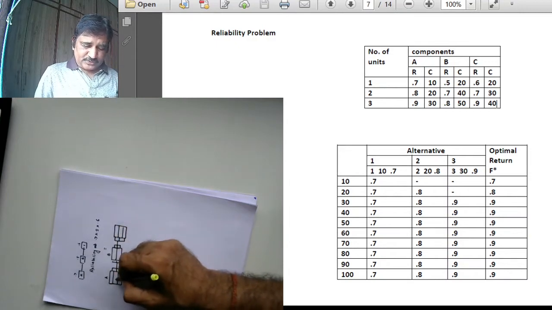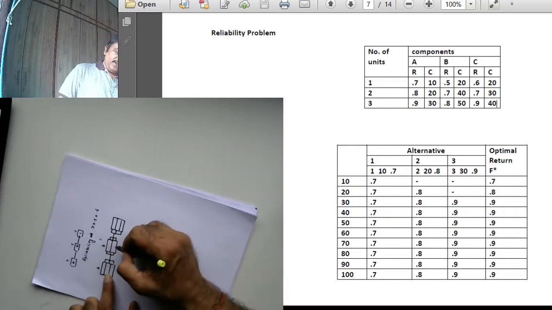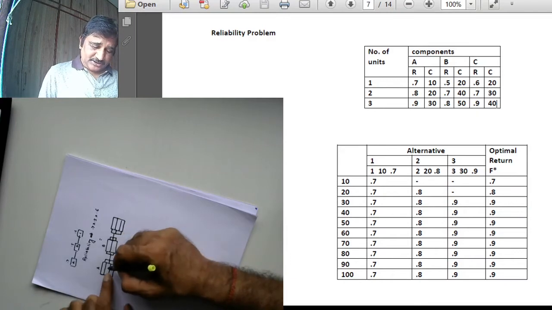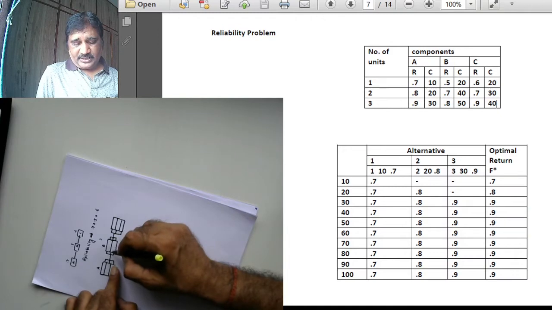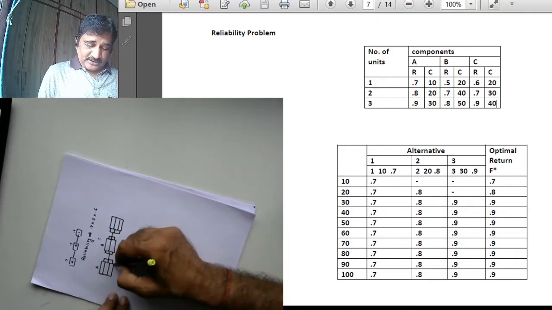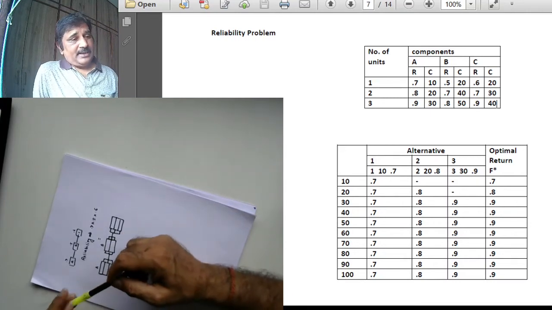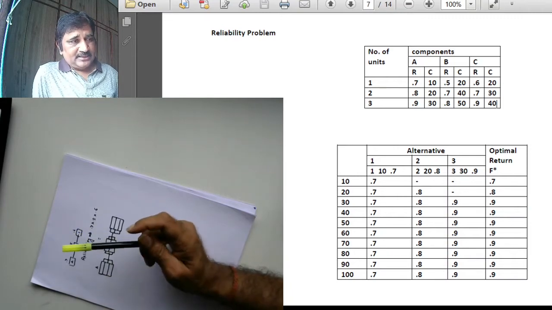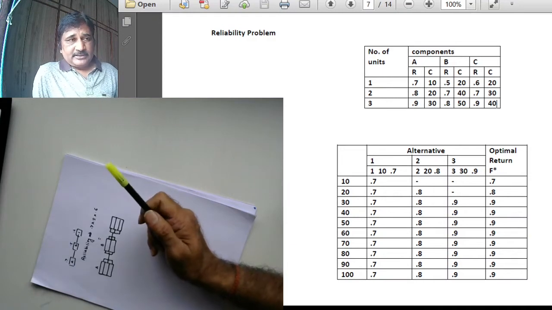If this fails, this will become active and it will get connected to component B. And if suppose this fails, this will become active and the device will still continue to work because of the logic that this component will now be connected to B. This is the way it works. Because of this, if you have more units of a certain component in the bank, then the reliability increases, and for higher reliability you have to pay more, right?